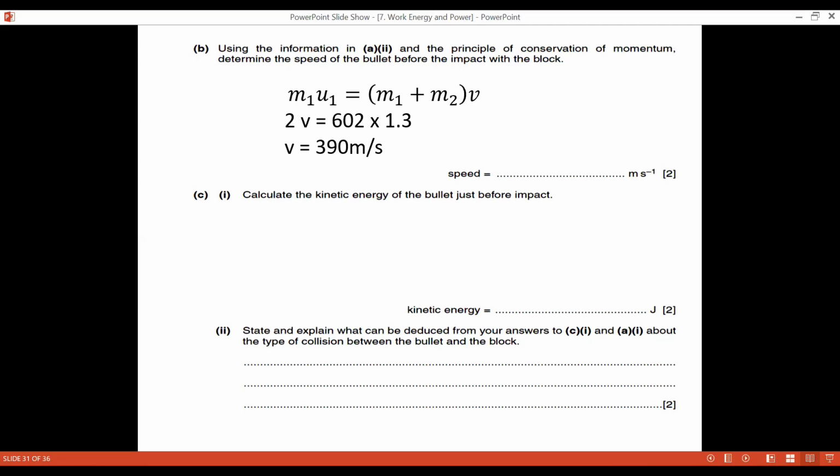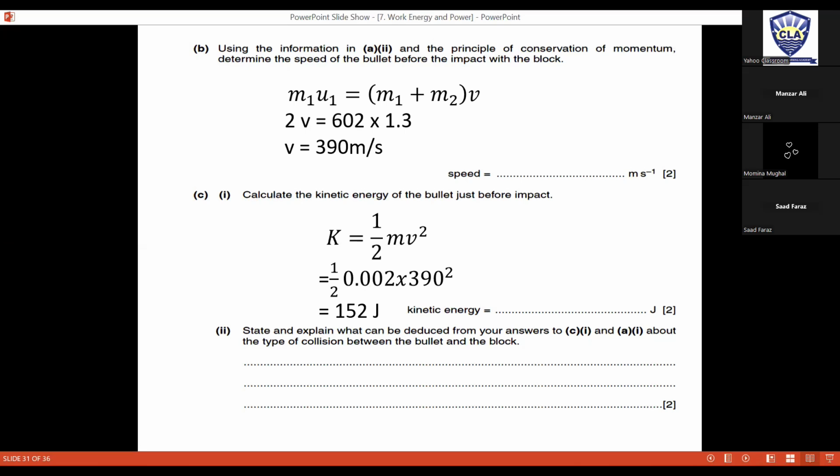Now they ask us, what is the kinetic energy of the bullet? Half mv squared. It comes out to be 152. Is it an elastic collision or inelastic collision? The rule says if kinetic energy before is equal to kinetic energy after, it is elastic, otherwise inelastic.